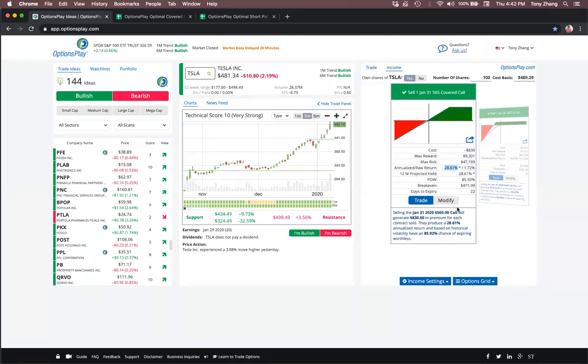So if the stock does rally to 565, you are getting an additional 1.72% on top of the capital appreciation on the stock. If it does not reach $565, you've gotten an additional 28% yield on the stock that you own.